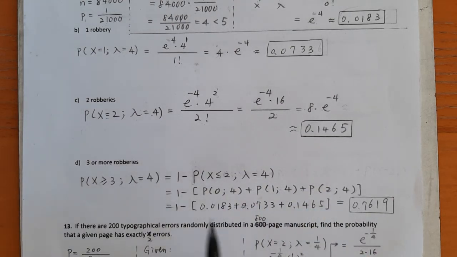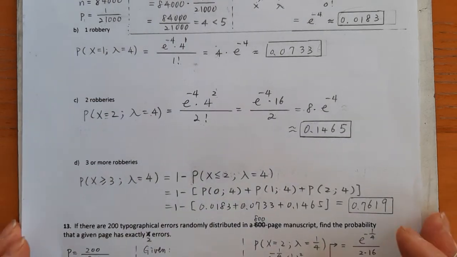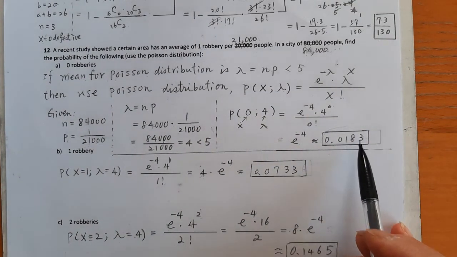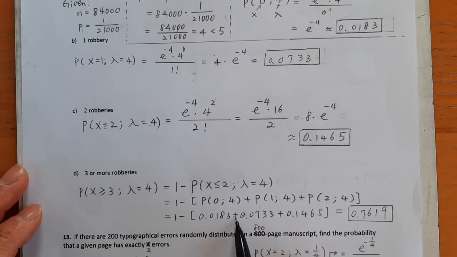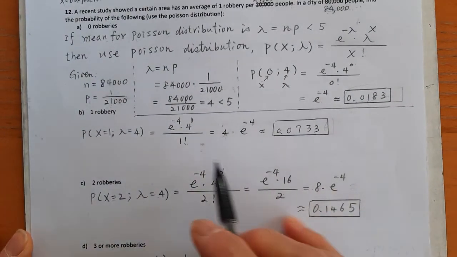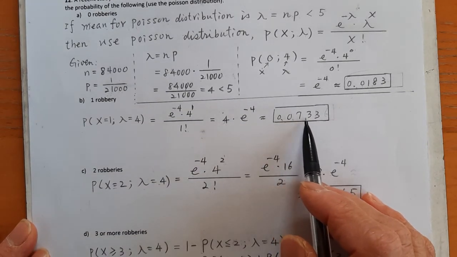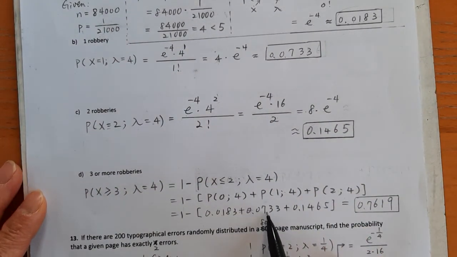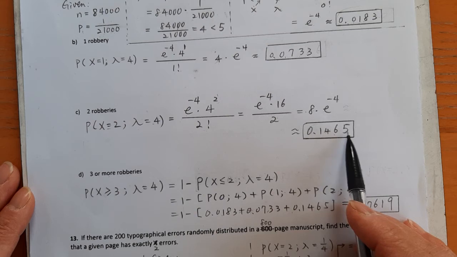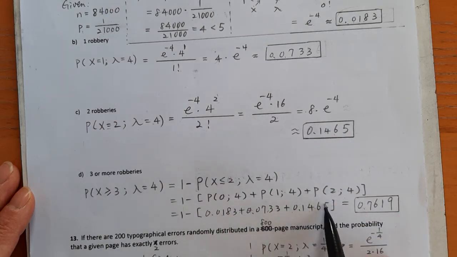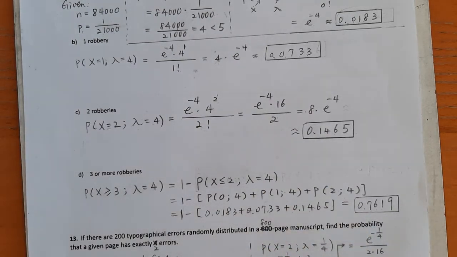Those 3 we already figured out in A, B, C. The probability of 0 robberies from A is 0.0183, so put it over here. Plus the probability of 1 robbery is 0.0733. The probability of 2 robberies from C is 0.1465. Add those together, then subtract from 1, and you got this. That is the probability for 3 or more than 3 robberies.